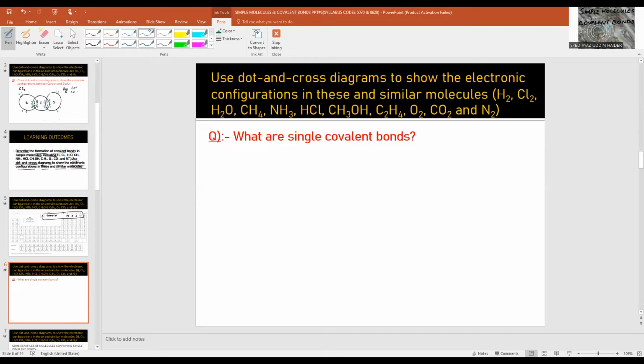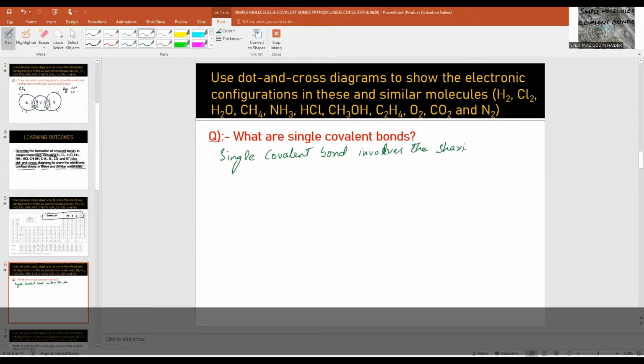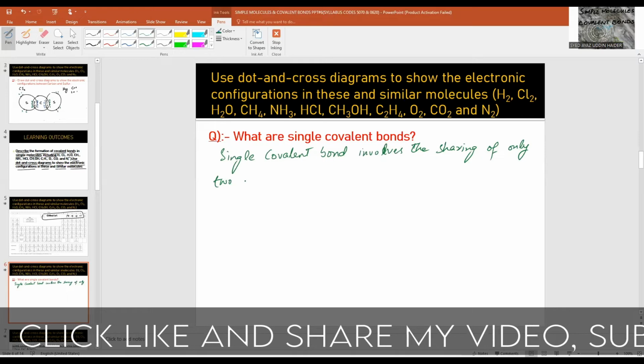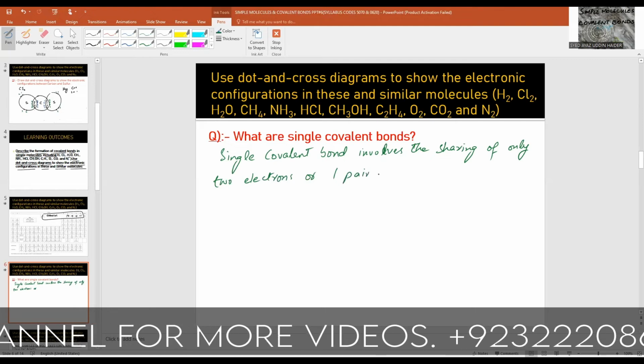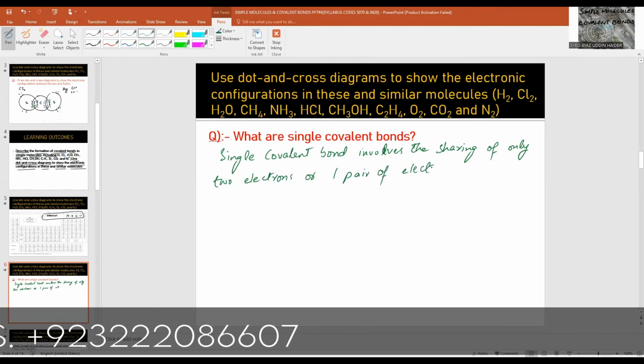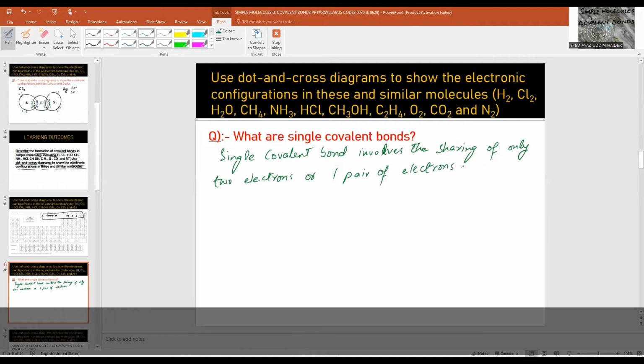A single covalent bond involves the sharing of only two electrons, or one pair of electrons, between two atoms.